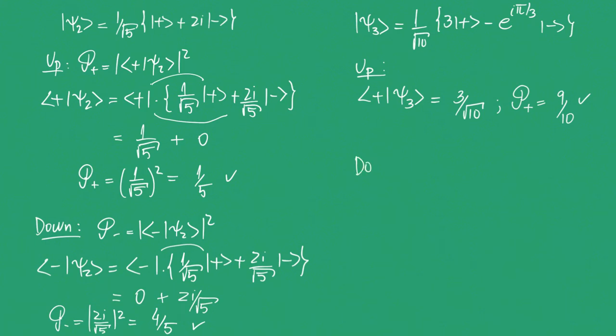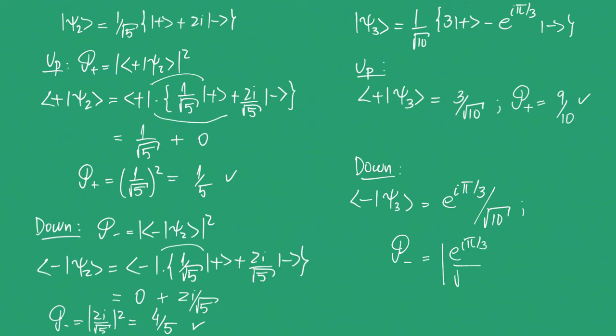Similarly, for the probability of finding spin down, we have to calculate this inner product first. So here we have e to the i pi over 3 over square root of 10. If you plug it back to that expression for the probability of finding spin down, we have the modulus of e to the i pi over 3 over square root of 10, squared.